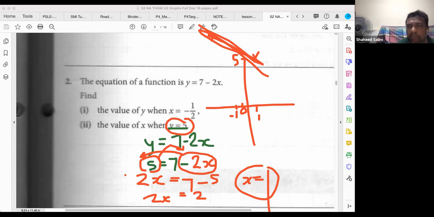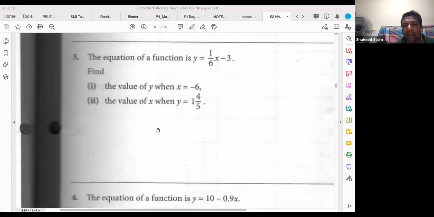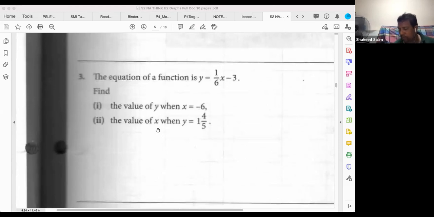Okay, remember this is part of graph, although you're doing by algebra. The problem is a lot of students are doing this in algebra, they do not know what they are finding. You are finding a point on the graph. Why is it important for me to tell you? Otherwise, you are learning nonsense. Okay? All right, you try now this one.